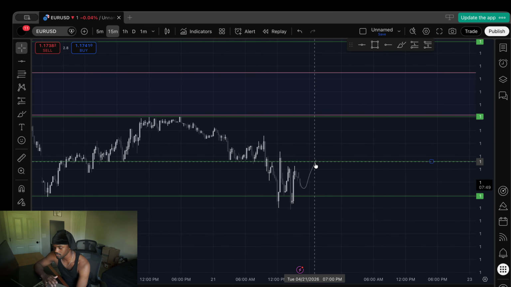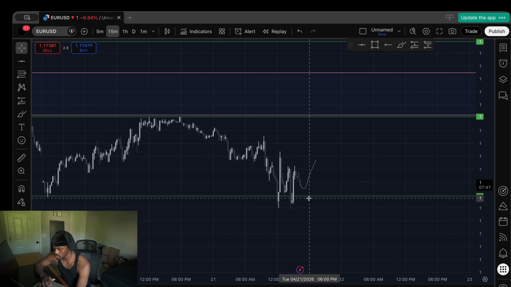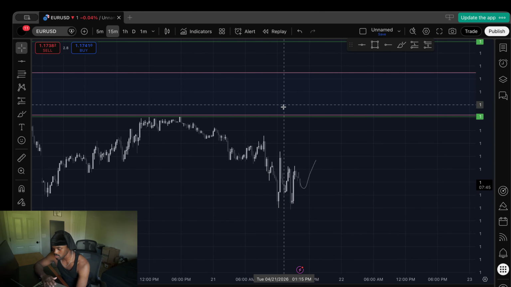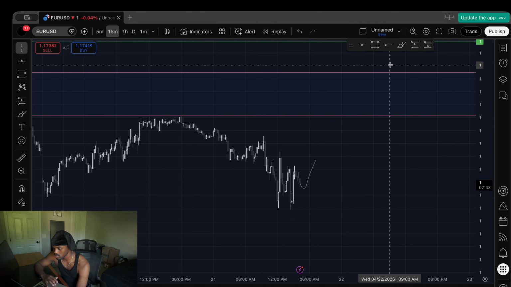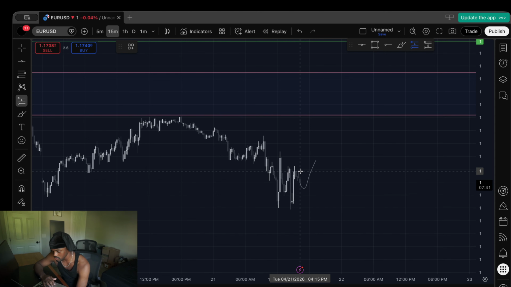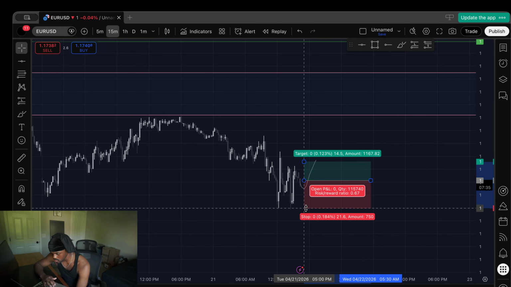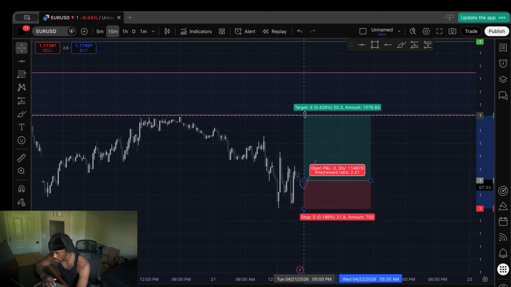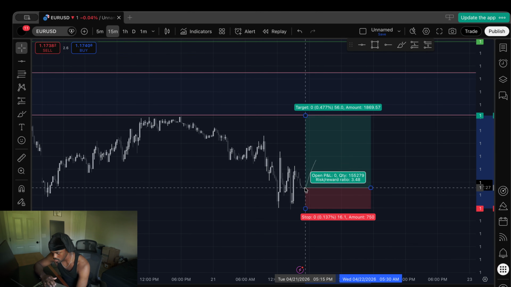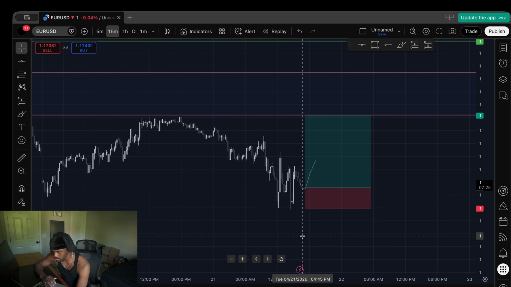So let's say I had to leave a swing trade on today. I'd probably set something like, if I had to leave a swing trade, which once again, I'm saying I wouldn't trade this, but if I had to leave one, I'd set something like, boom, boom, boom. Something like this.